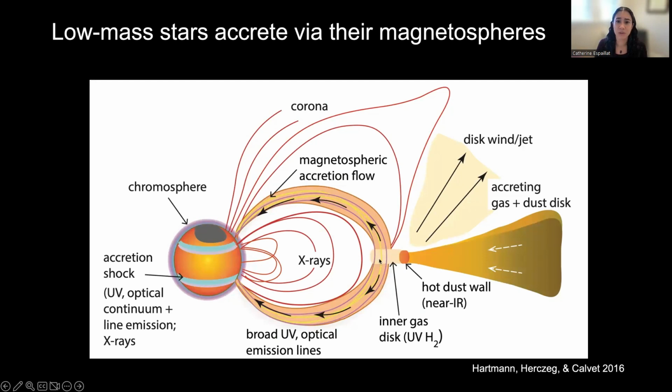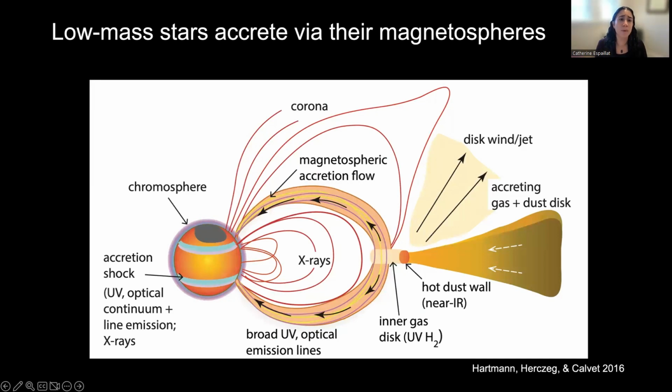Now, these young stars have strong magnetic fields of 1 to 2 kilogauss. So the magnetic field lines truncate the innermost gas disk, and ionized gas is funneled onto the star via the magnetic field lines, forming a hot accretion shock on the stellar surface.